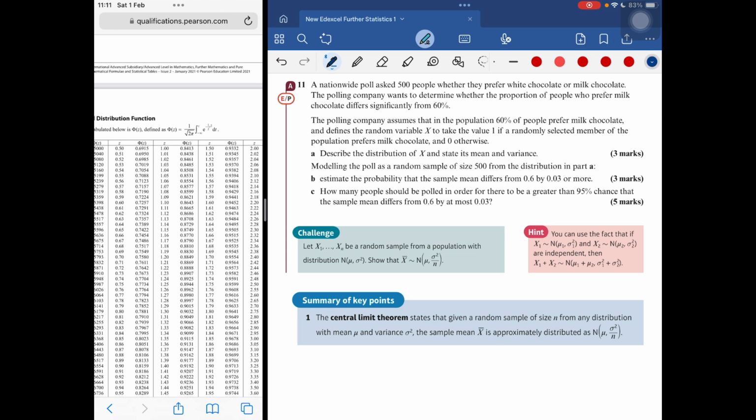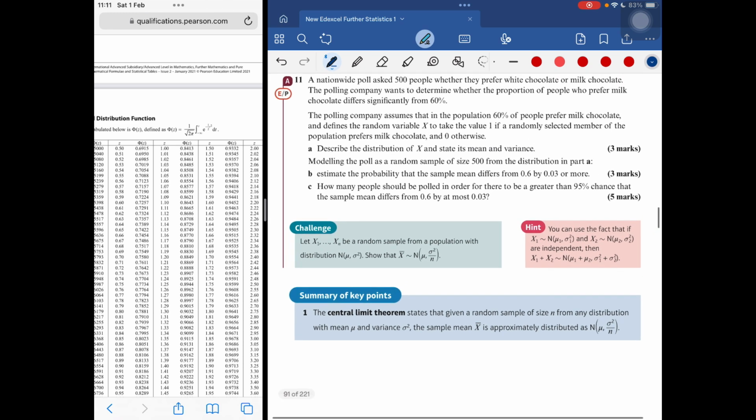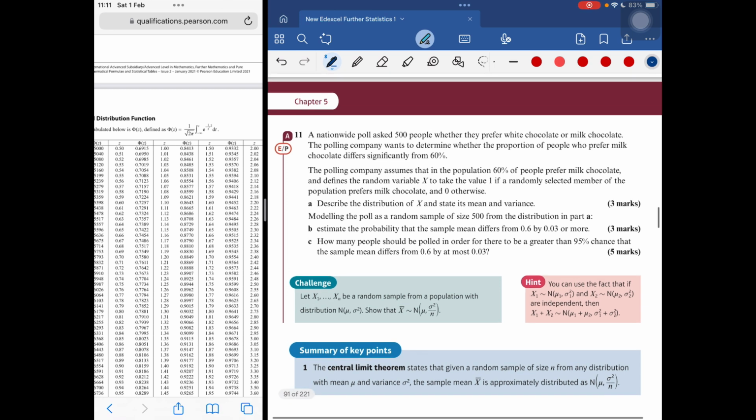So now we have two answers. The possible x is 0 or 1, and the probability of the answer 1 is 0.6, 60%, and 0.4 for 0. When we have this distribution, we can find the mean.